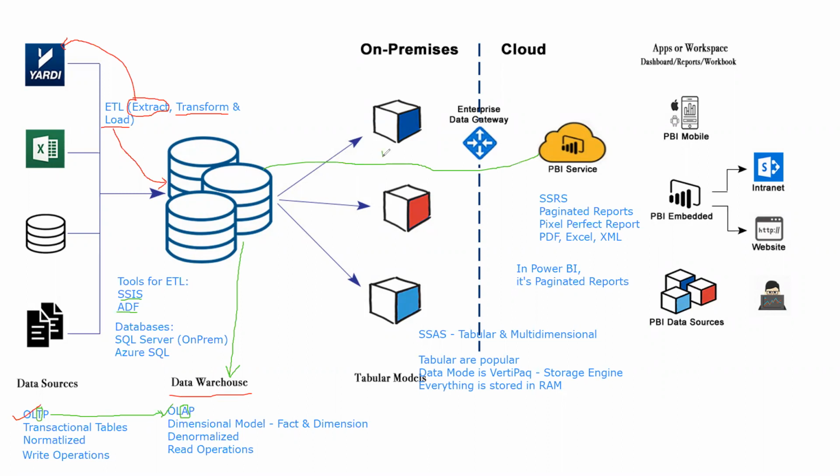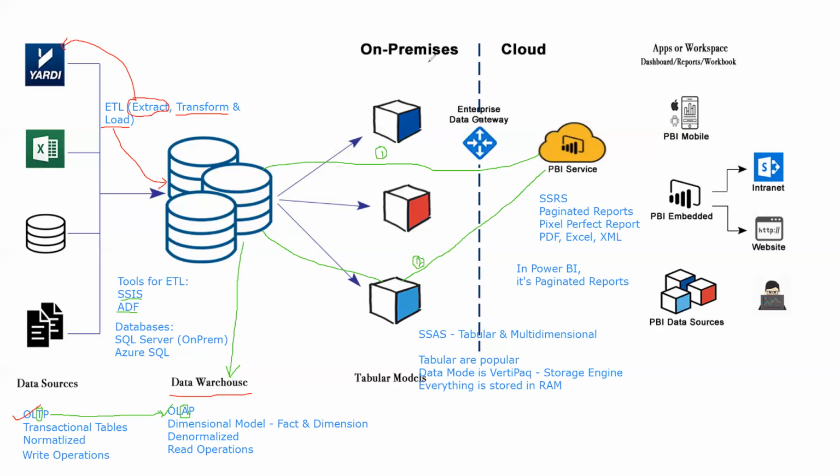This is option number one. Option number two is creating my own models to improve the performance, which is SSAS tabular. Then Power BI can connect to the tabular models, and the tabular models will be pointing to the data warehouse. This is option number two we have.